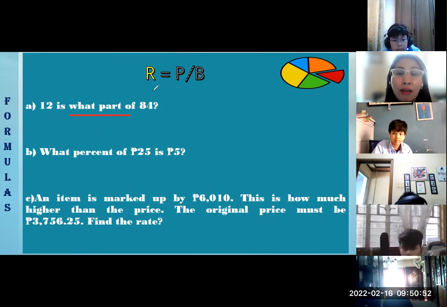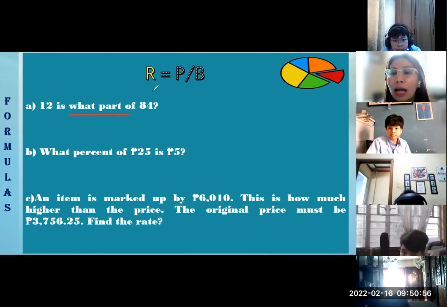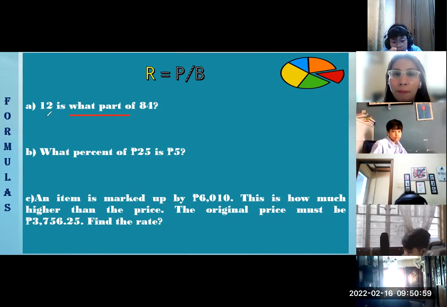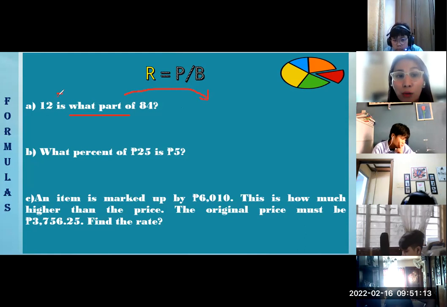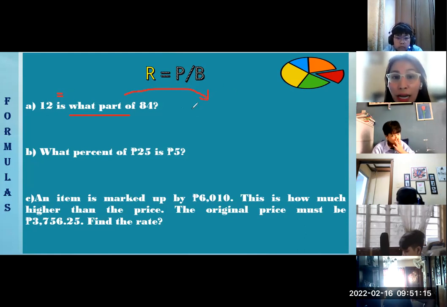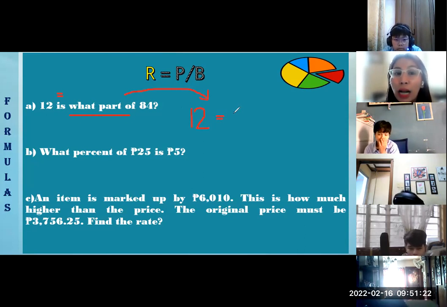Plus, if you are not to use yung formula, I will teach you how to analyze yung ganitong sentence. So, i-convert natin siya into number sentence. Di ba lagi kong minimension sa inyo, ang ibig sabihin ng is ay equal. So, lalagay natin siya. 12 daw is what part? So, nawawala na siya. What part?